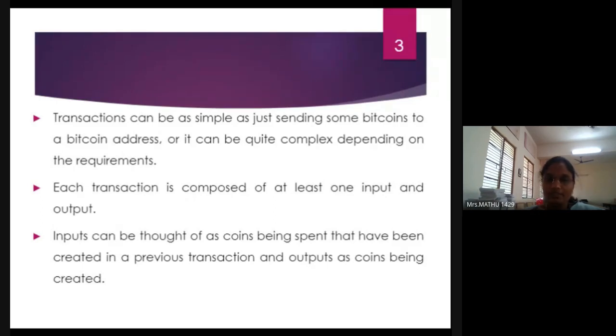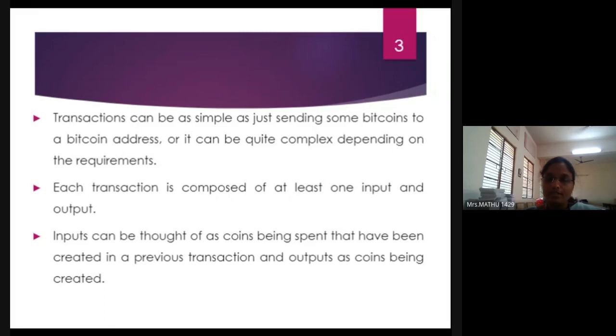Similarly here, we transfer money from one person to another using the Bitcoin address. You will have your Bitcoin address, and the receiver will also have a Bitcoin address. So when you transfer money, you send it from one Bitcoin address to another Bitcoin address, in terms of Bitcoins.